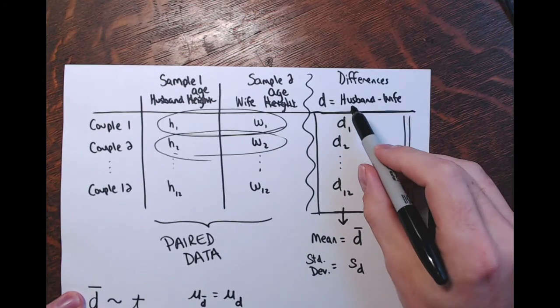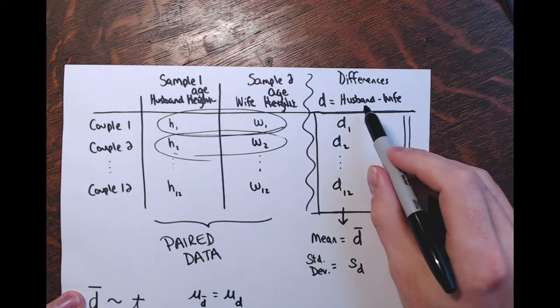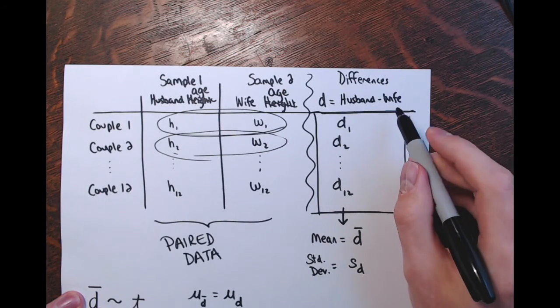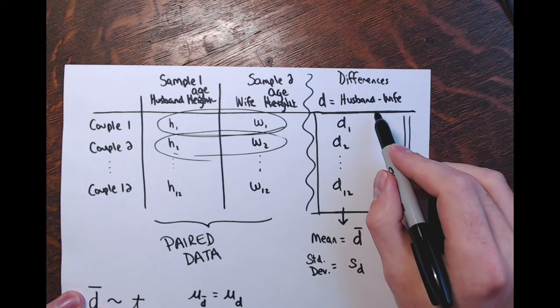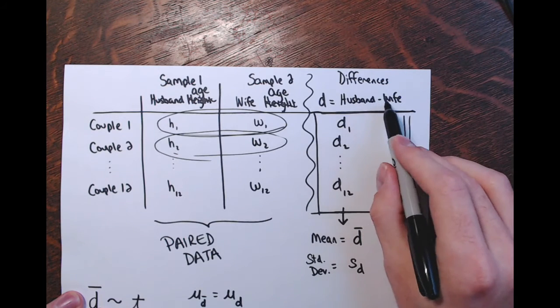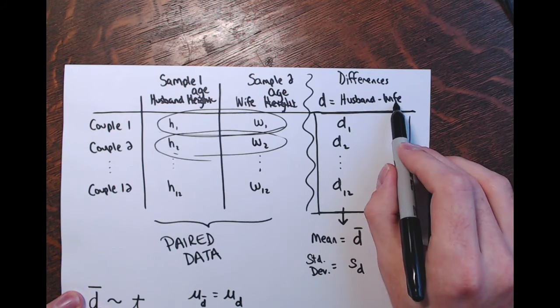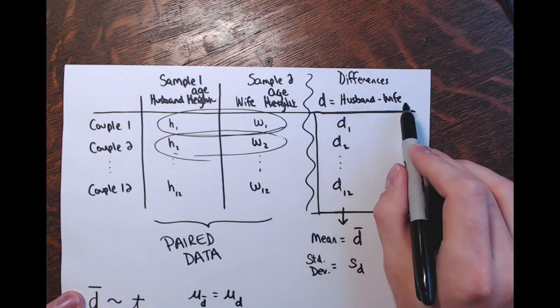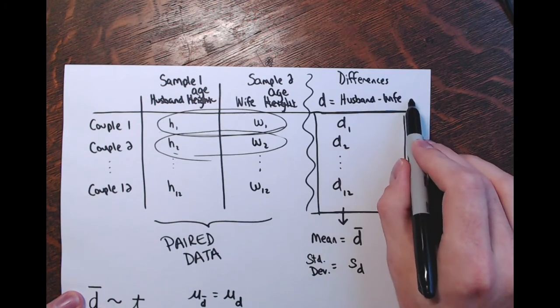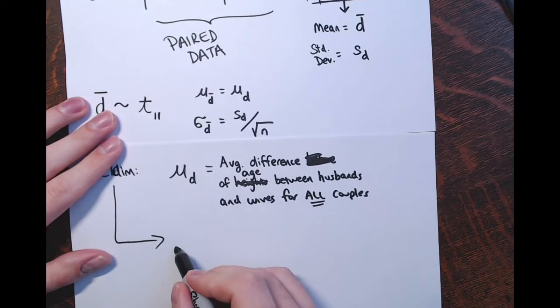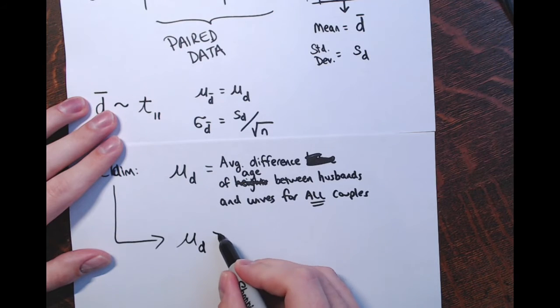Now, if the differences were taken as husband minus wife, if the husbands are older, that means that this would be a positive value. Right? If the husband's age is bigger than the wife's age, this is going to be a positive difference. So what he's trying to test is this statement here.